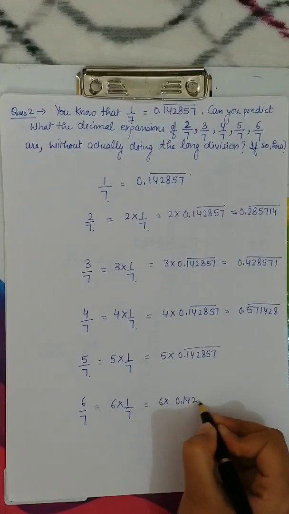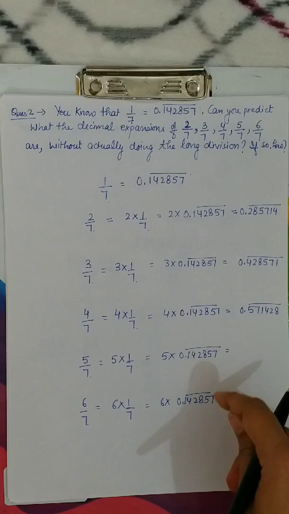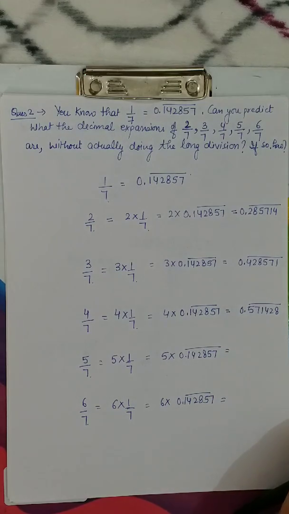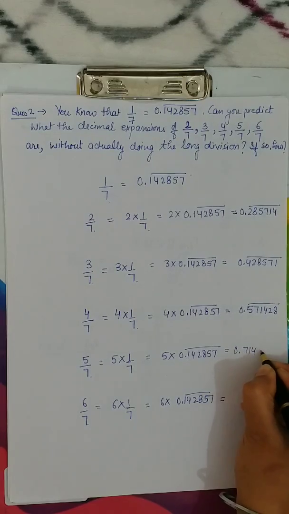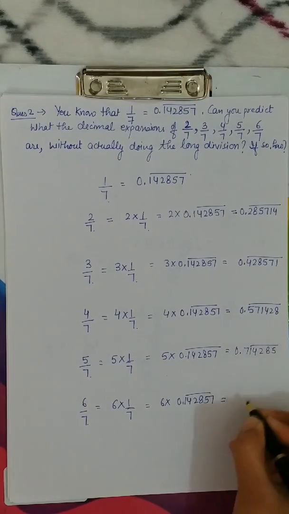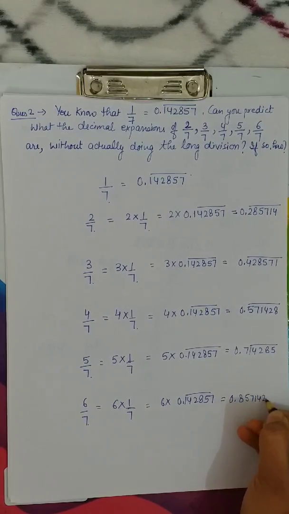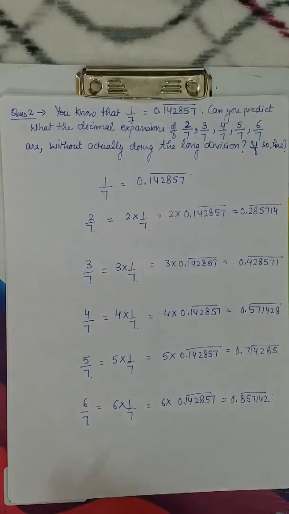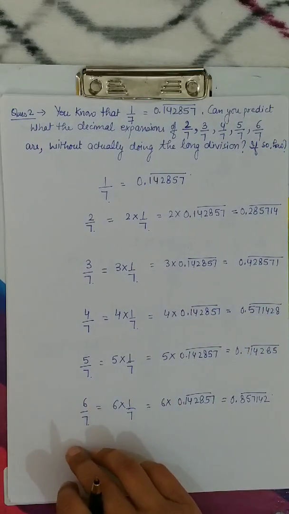When you multiply with the given value of 1 by 7, you will get your required result. It will give us 0.714285 bar and 0.857142 bar. Hence, we can find out the value of 2 by 7, 3 by 7, 4 by 7, 5 by 7 and 6 by 7 without doing the long division, only by the value of 1 by 7.